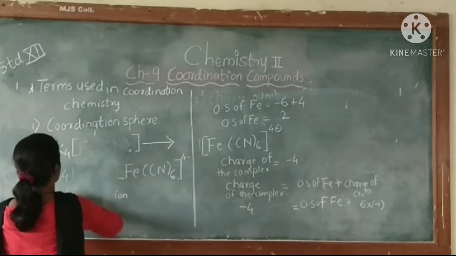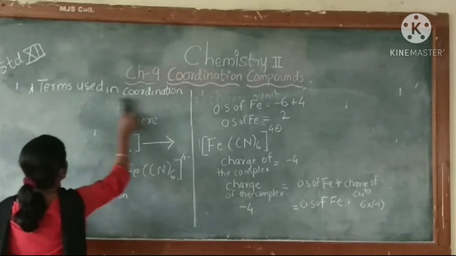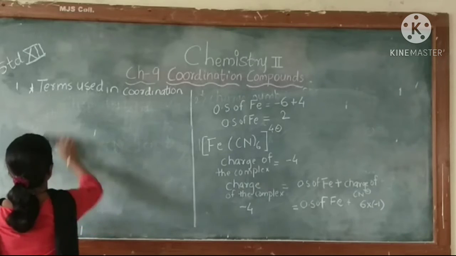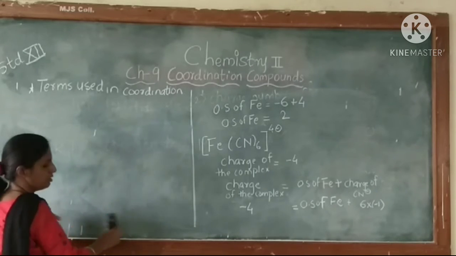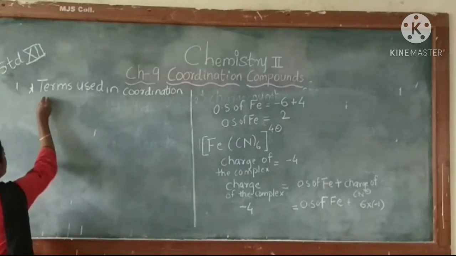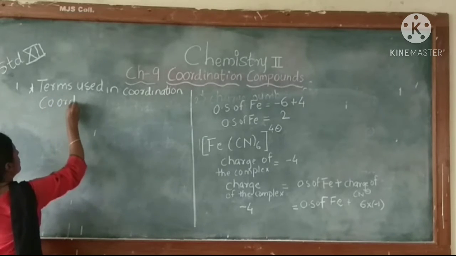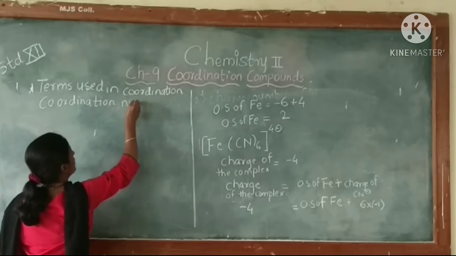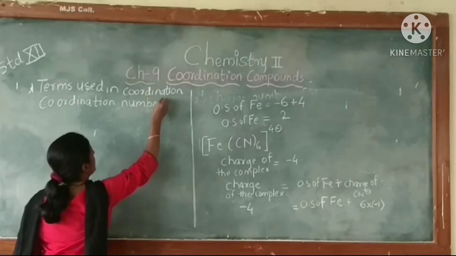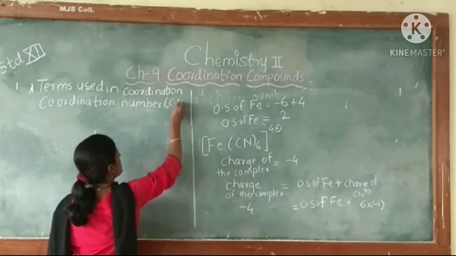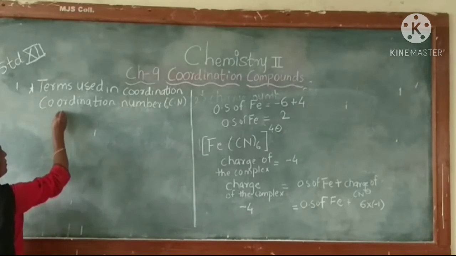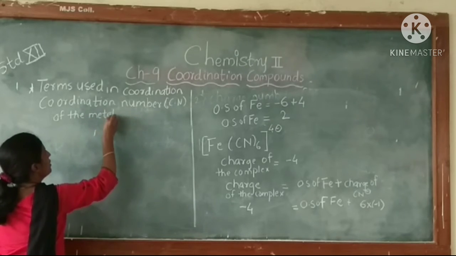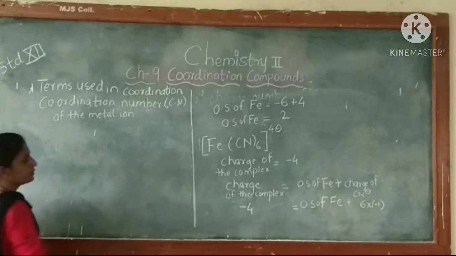Now the next term used is coordination number. The next term used in coordination chemistry is the coordination number of the metal ion, also represented as CN of the metal ion.